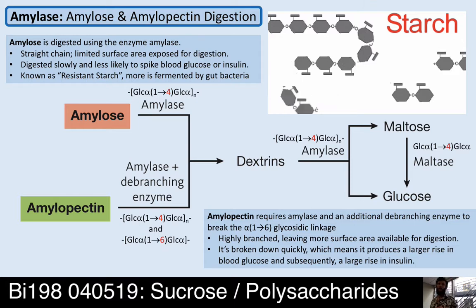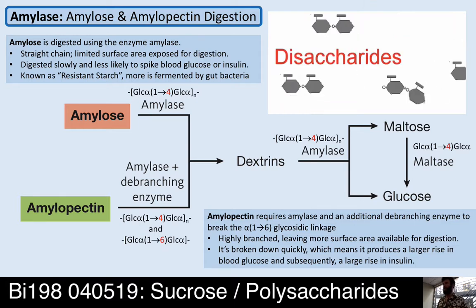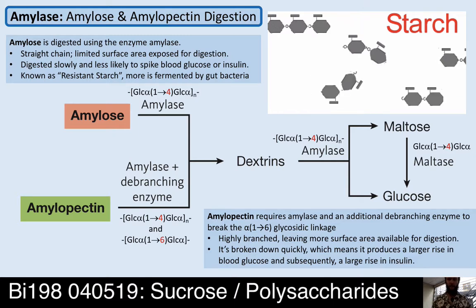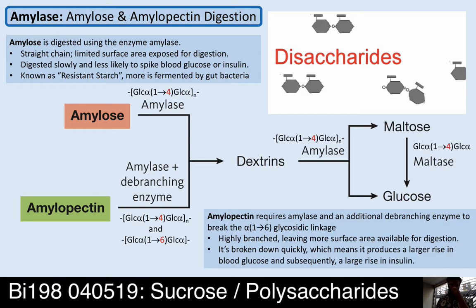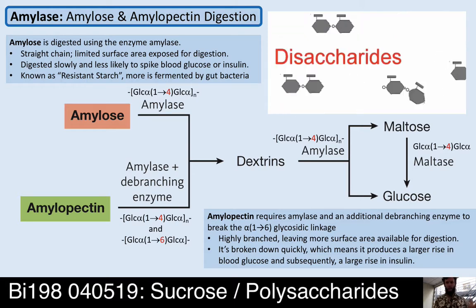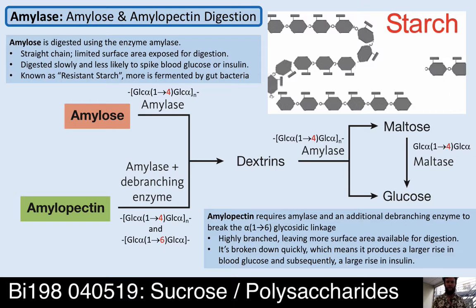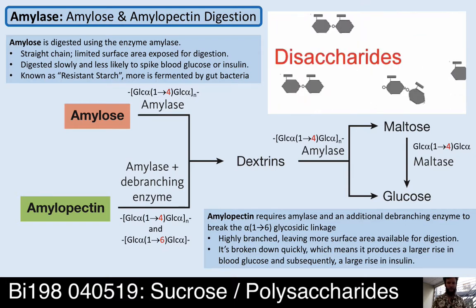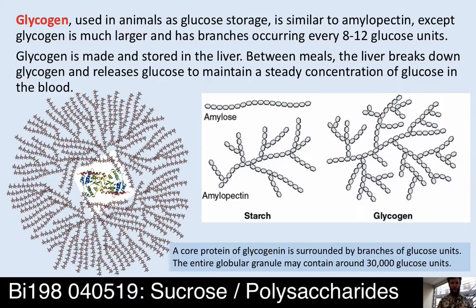It's just a 1,4 disaccharide. That's the thing they use to make beer. And then the maltose itself is going to get broken down to glucose. Right? So the amylose and the amylopectin have these disaccharide units liberated first. You have to have a special enzyme to break down the 1,6 linkage as well.